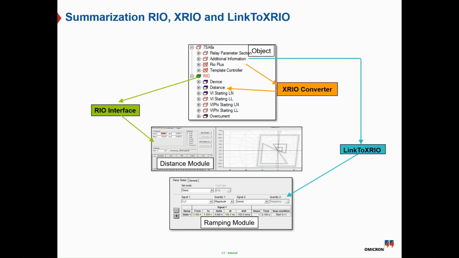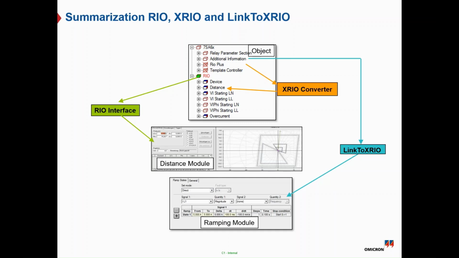And here's a summarization of the relation between RIO, XRIO, and link to XRIO. As you can see here, the RIO characteristic shape can be represented by the distance module, here the quadrature distance module, and also the relation between the RIO and the XRIO. So once you import the relay parameter setting as an XRIO file, there is an XRIO converter, which is the link between the XRIO and the RIO file represented in the characteristic or graph shape.